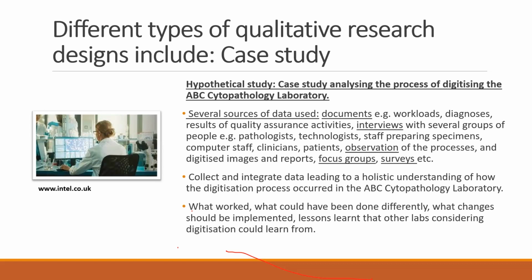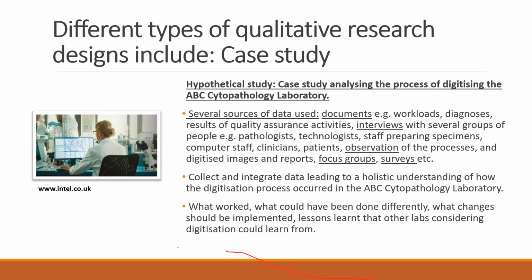These would include documents, and you could use things like workloads, diagnoses, and results of quality assurance activities. You could interview several relevant stakeholders like pathologists, technologists, computer staff, and clinicians. You could ask patients what they think of their specimens being read by a computer helping with diagnosis.